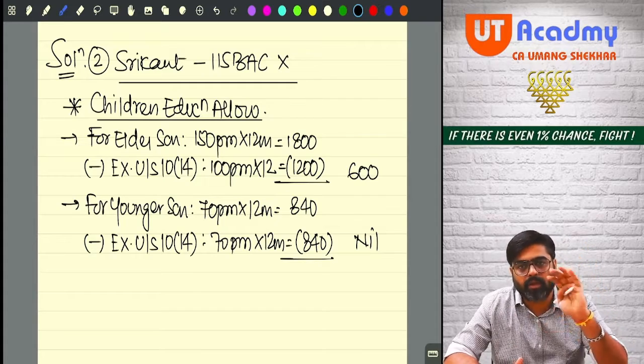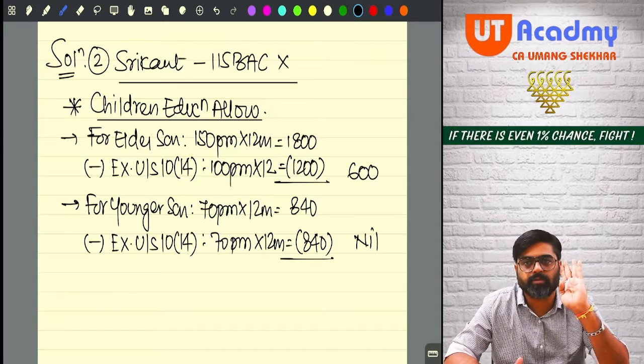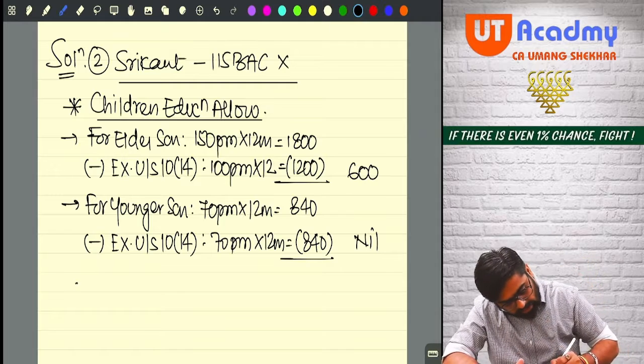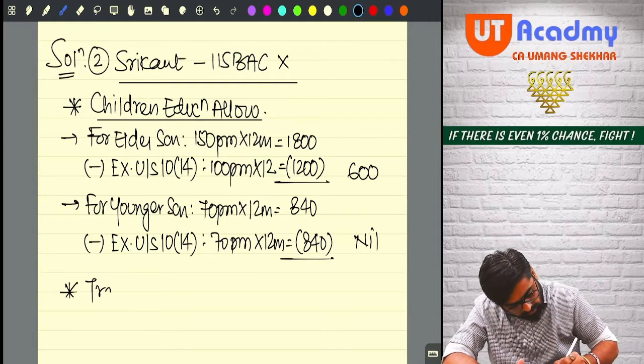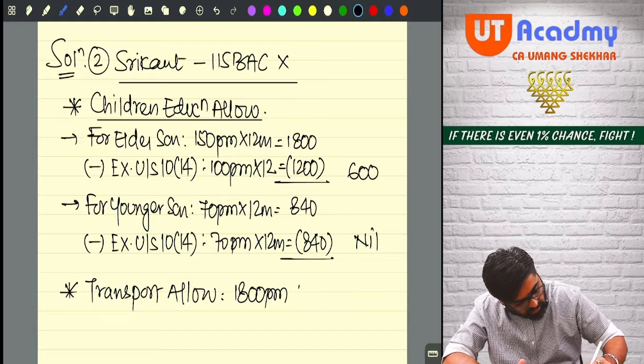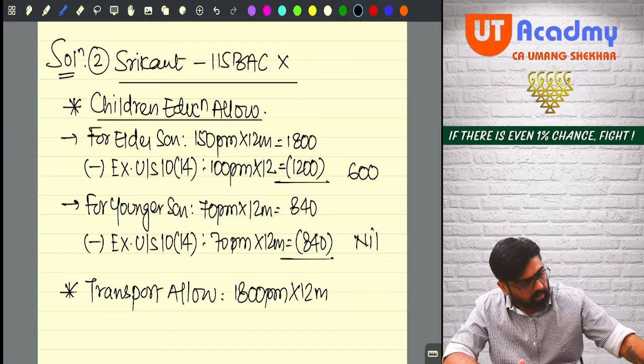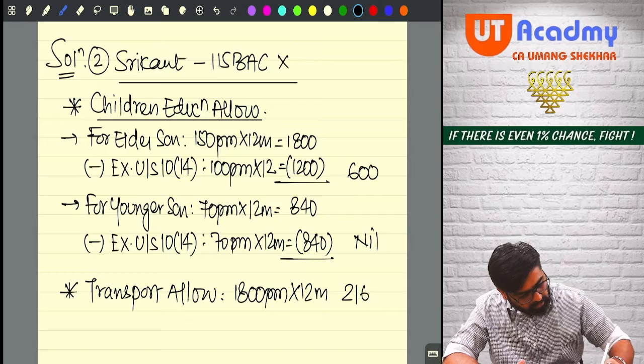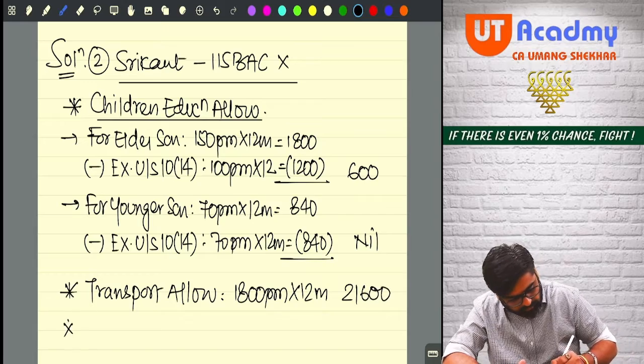That means Shrikant is not a handicapped employee, so he is not going to get any exemption. It will be fully taxable. So the second allowance is transport allowance, 1800 per month into 12, which is 21,600. That will be fully taxable.